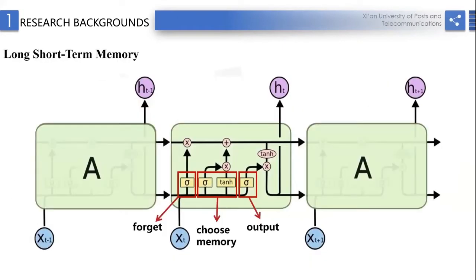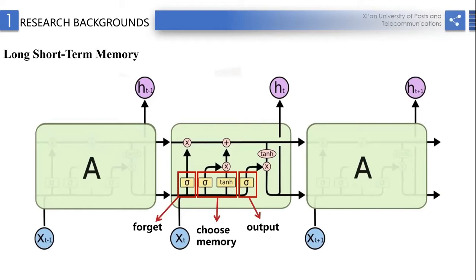LSTM is a long short-term memory network, a time-recurrent neural network, which is mainly used to solve the problem of gradient vanishing and gradient explosion in long sequences. The LSTM has been applied in many fields, for example, language translation, controlling robots, image analysis, and so on.